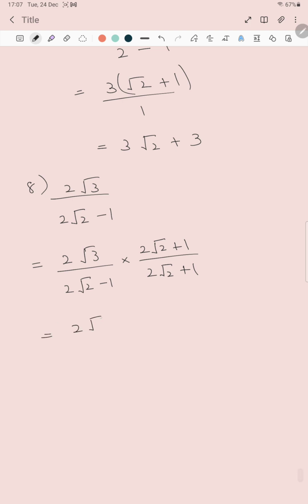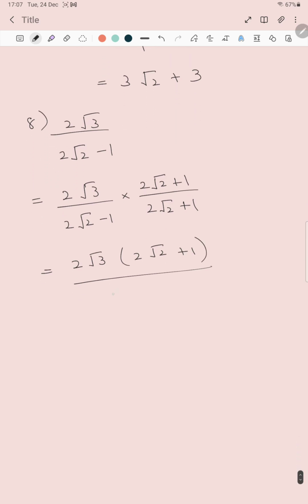So 2 square root 3 times 2 square root 2 plus 1, divided by, we can apply the third identity, 2 square root 2 whole square minus 1 square. Now we will multiply this with this and this with this. So 2 2s are 4, square root 2 square root 3 square root 2 will be square root 6, plus 2 square root 3.